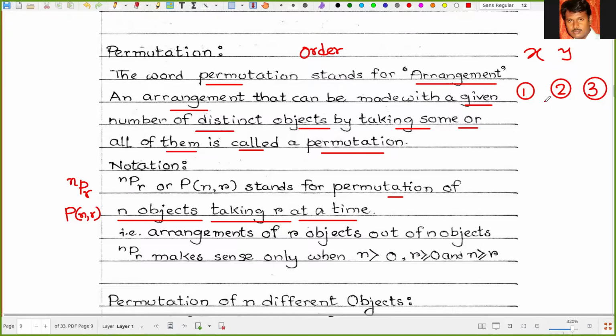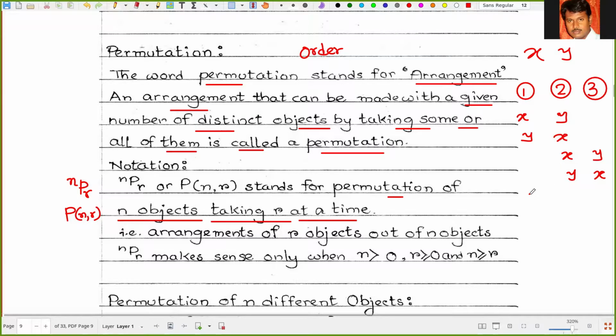So their choice can be, suppose X is sitting on 1 and Y is on 2, or X is on 2 and Y is on 1, or X is on 2 and Y is on 3, or X is on 3 and Y is on 2.